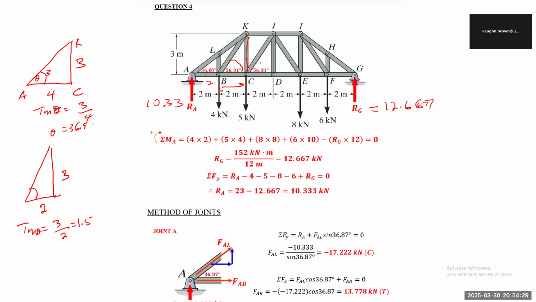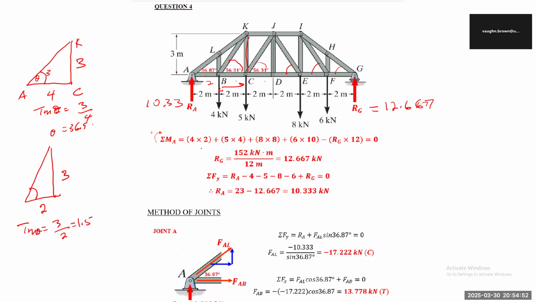If this is 53.1, you know that this is 53.1, and so these are 53.1. This alone is 36.9. These are equal distance and equal height, so this is also 53.1. You work out all of that.